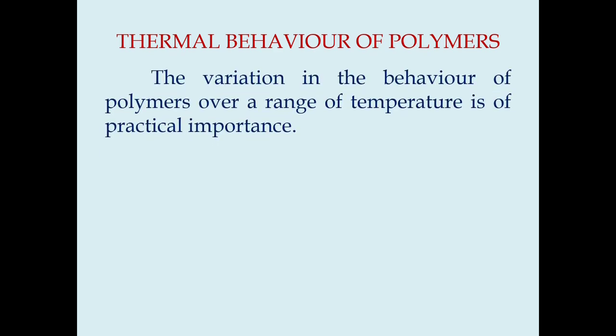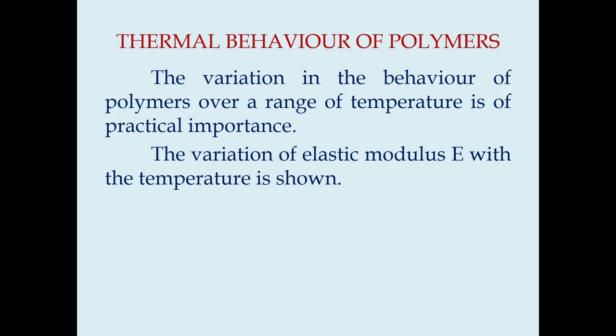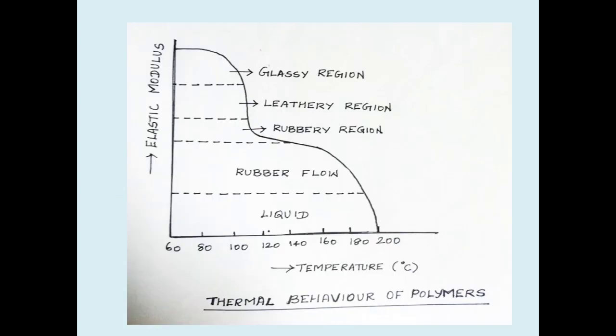So, it is of great practical importance to study the variation in the behavior of polymers over a different range of temperatures. So, now we are going to study the variation of elastic modulus E with respect to temperature.